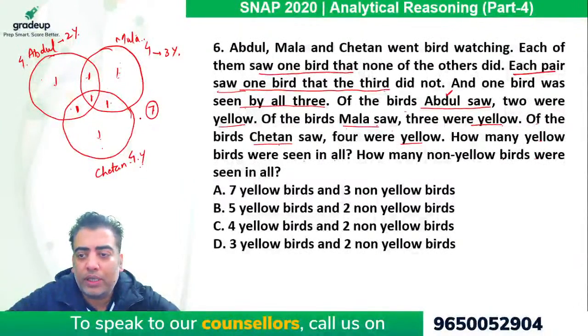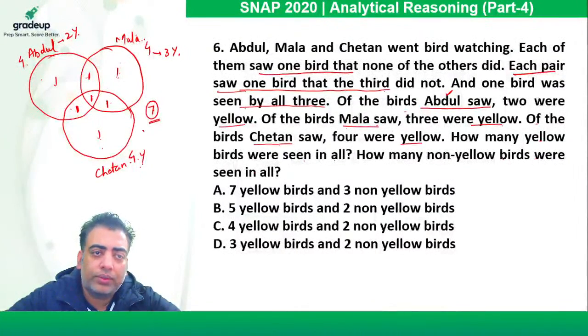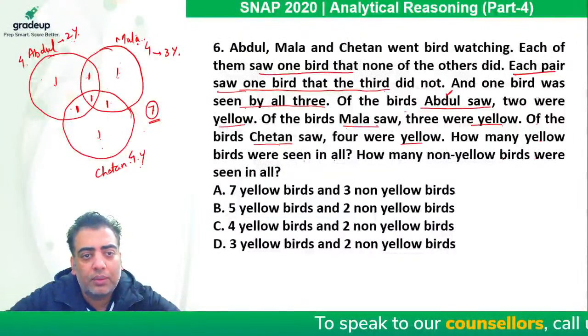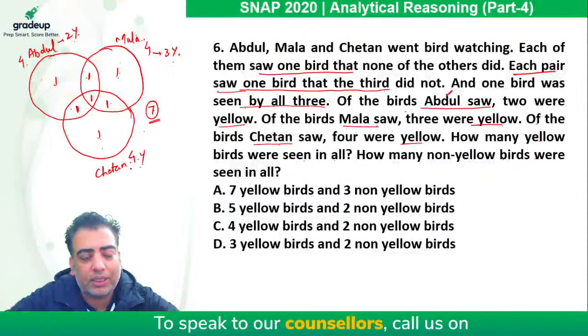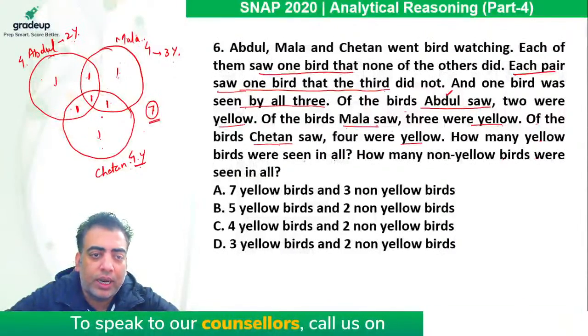Right. And we need to find how many yellow birds were seen in all. Now we just need to focus on this: Abdul saw 2 yellow birds, Mala saw 3 yellow birds, and Chetan saw 4 yellow birds. It gives me all these birds are yellow in color, 1, 2, 3, and 4.